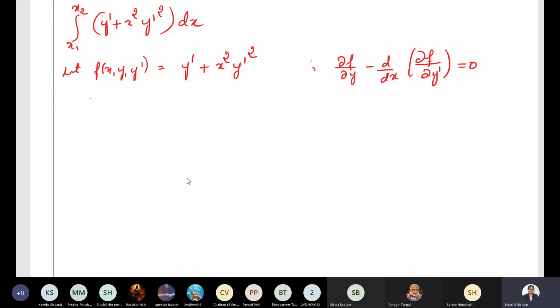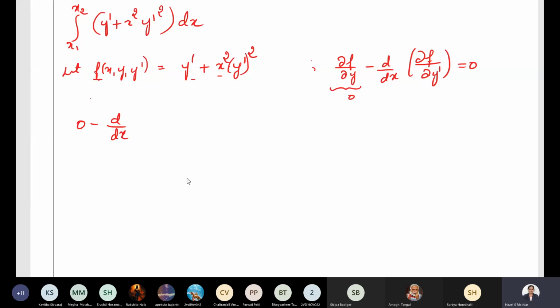Now what happens when you put this dou f by dou y? See, the function f contains y dash and x terms only. We do not have any term with respect to y. So this dou f by dou y will become 0 minus d by dx of dou f by dou y dash.